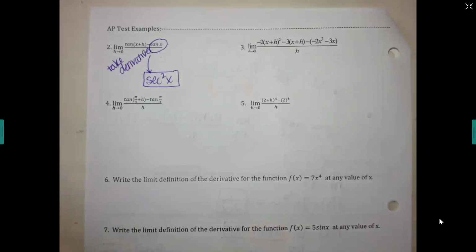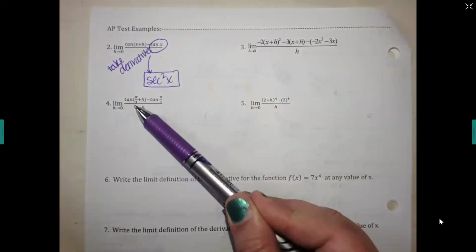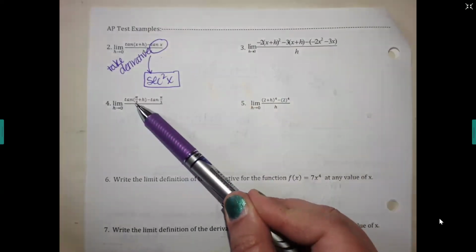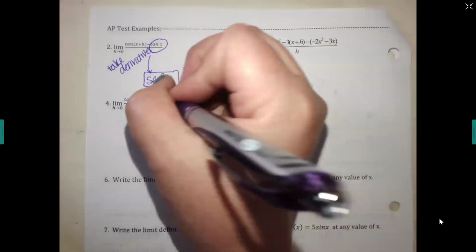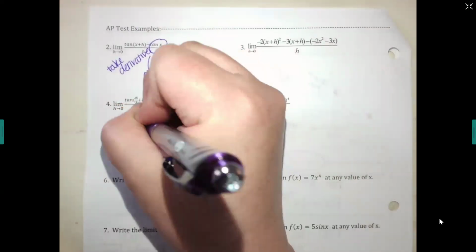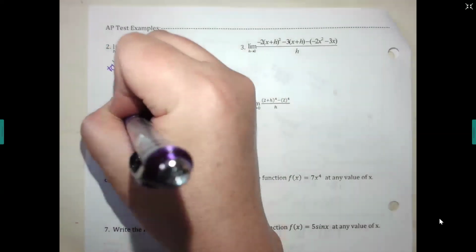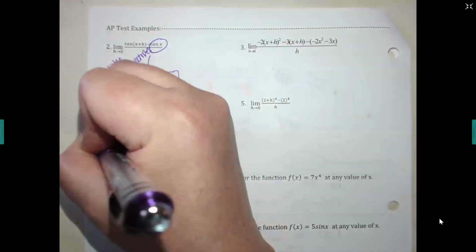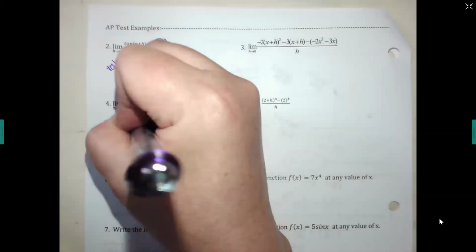All right, now take a look at number 4. It's almost the same, except do you notice that where your x is, there's a number in that spot. The only difference from number 2 to number 4 is that you're still going to take the derivative, but then you're also going to plug in pi thirds.